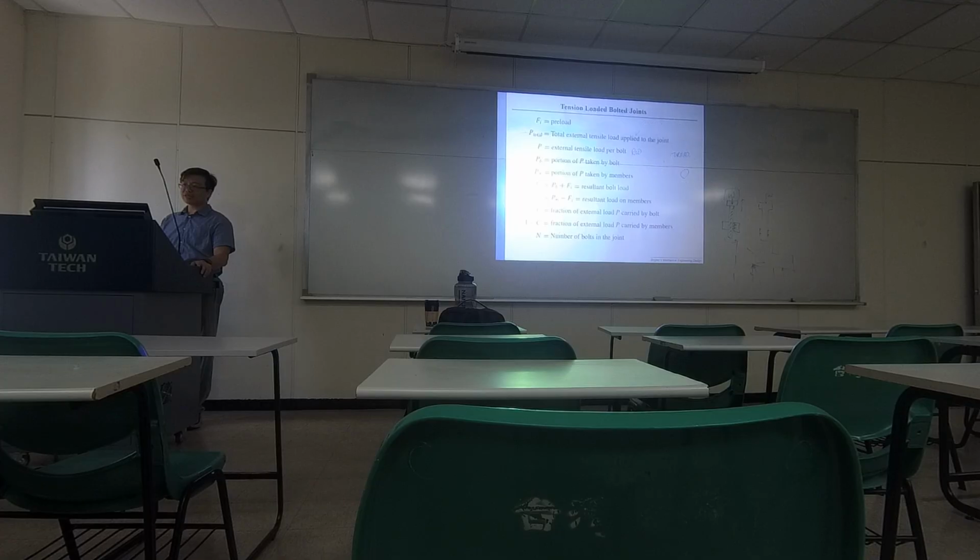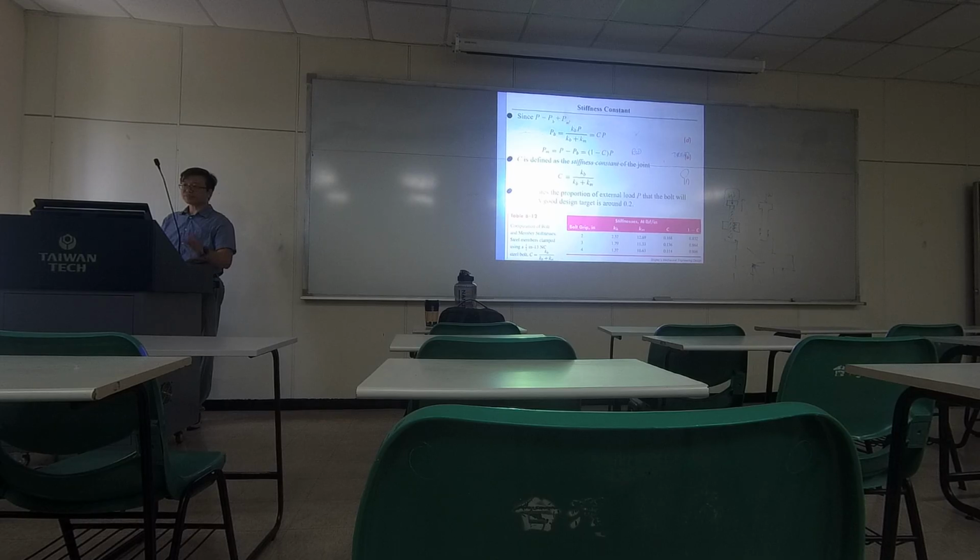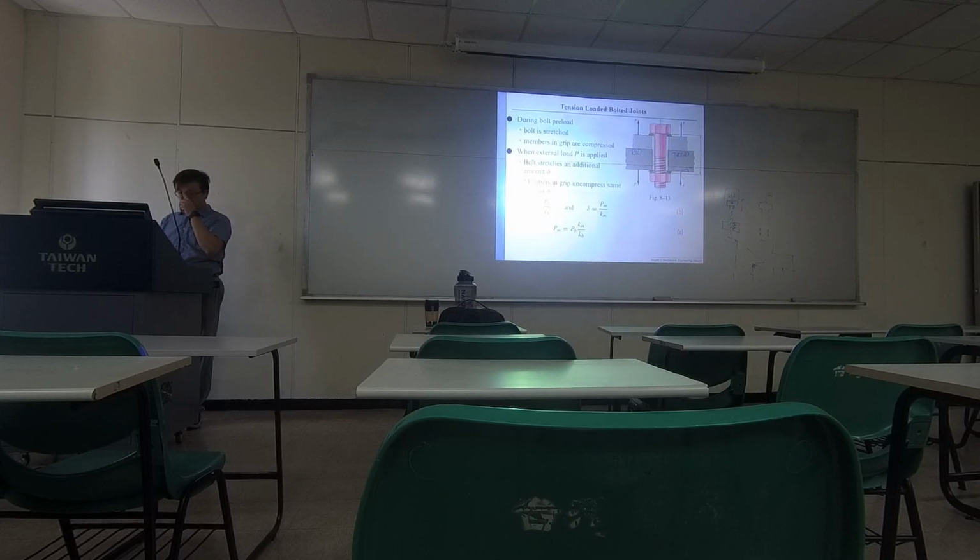Okay. This is about the car right here. So over here you can actually see why you need the spring coefficient, because the force inside the bolt produces some deflection inside the bolt.